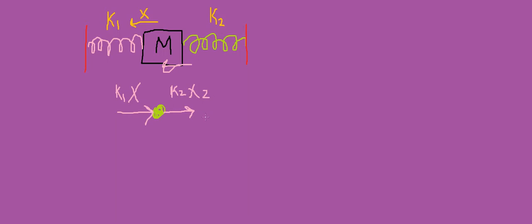In this scenario, the net force that acts on block m would have to equal k1. I made a mistake here. This is just mass m. So the net force that acts on object m would equal k1 times x plus k2 times x as well.